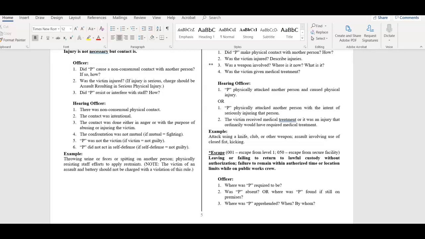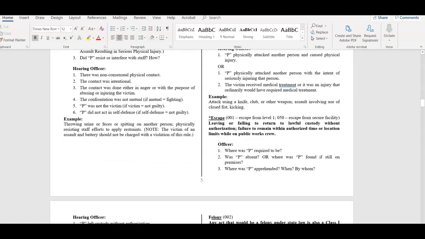So then they give you an example to decide if this is the correct charge. So here is an example: throwing urine or feces or spitting on another person, physically resisting staff efforts to apply restraints. Note, the victim of an assault and battery should not be charged with this violation. So you can go through and look at this book.